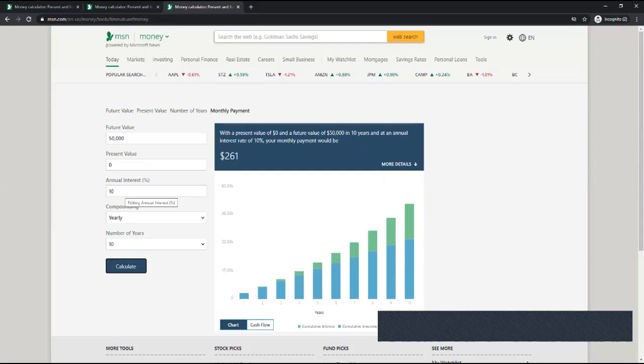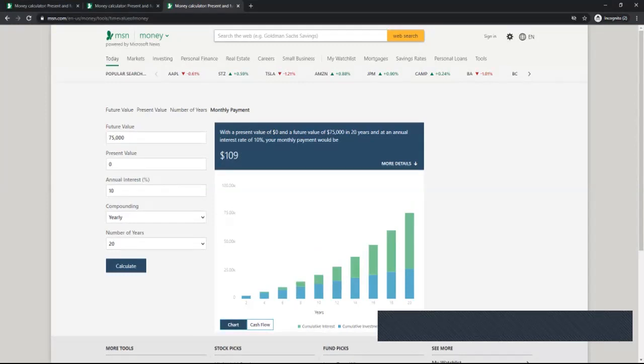So if you want $75,000 and you want to invest for 20 years, you will need to put $109 every month. So this calculator allows you to plan how much to set aside.